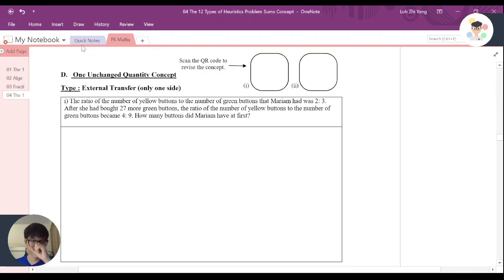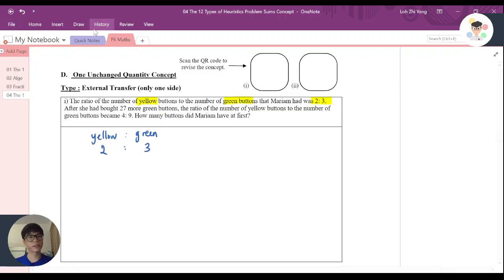Here it says that the ratio of the number of yellow buttons to the number of green buttons that Mariam had was 2 to 3. Let me just draw the concept here. Mariam has yellow and green, and the ratio was 2 to 3.